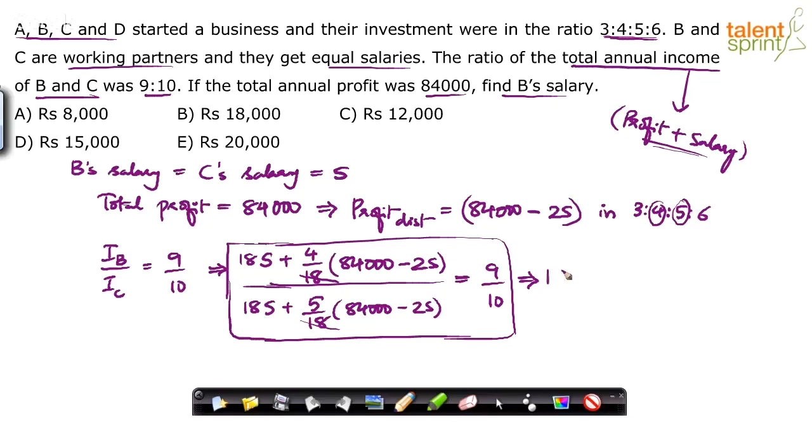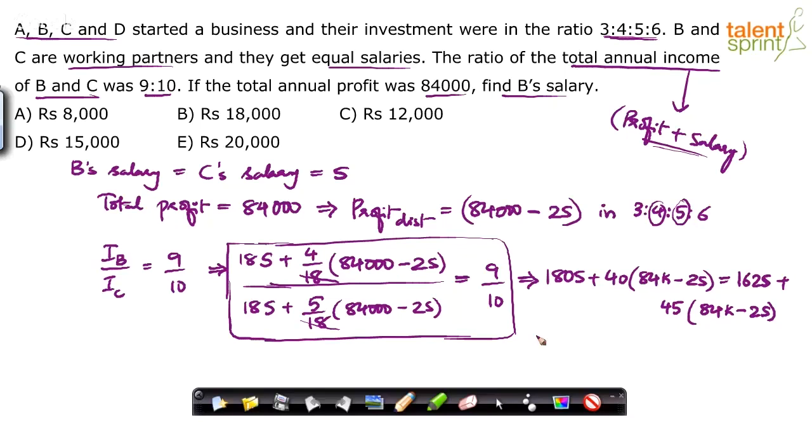18S into 10, 180S plus 4 into 10, 40 times of 84,000 minus 2S equals, look at this, 9 into 18S. How much is 9 into 18S? 162S. 9 into 18 is 162. 162 times the salary S plus 9 into 5, 45, 45 times of the same 84,000 minus 2S.